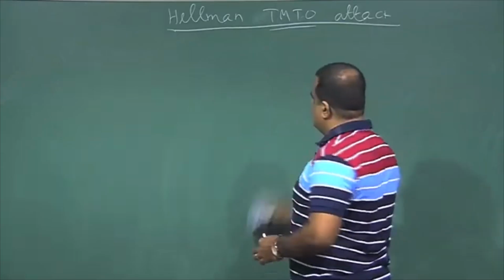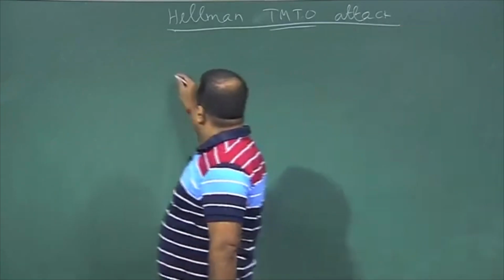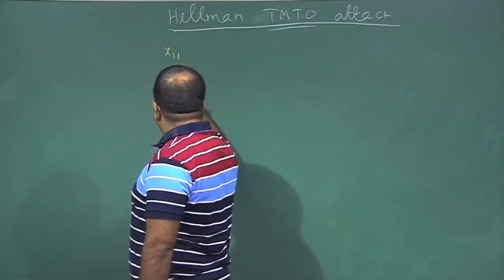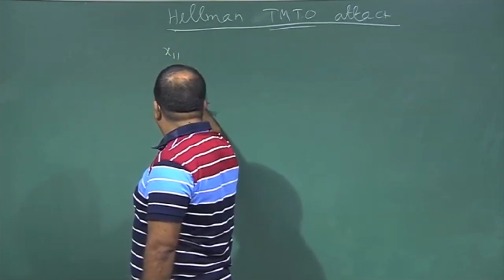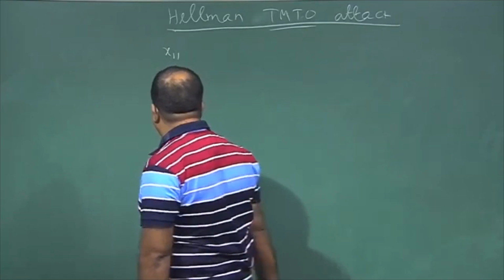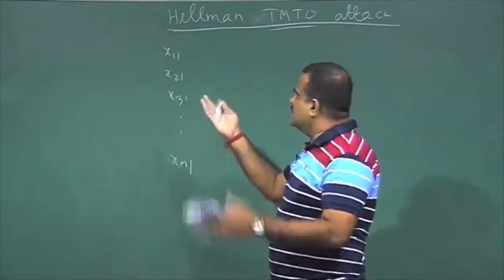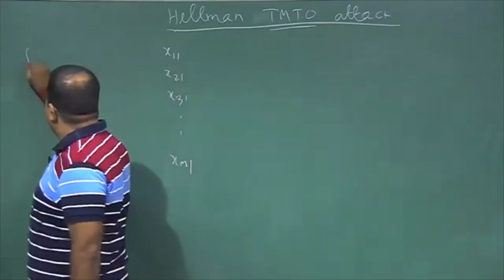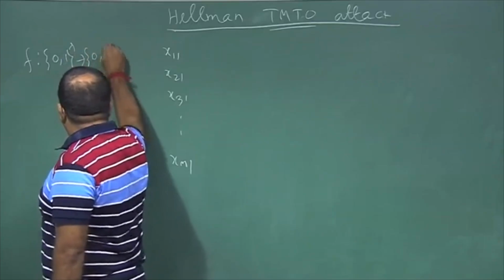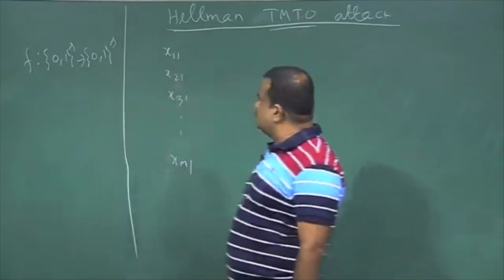So, what did Hellman do? Hellman computes a table like this. Hellman chooses some points, say x11, x21, x31, and so on, these are called start points. Hellman chooses randomly m points, all s bit, since we are looking at f from s bits to s bits.